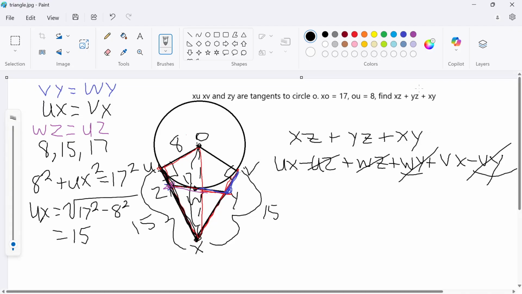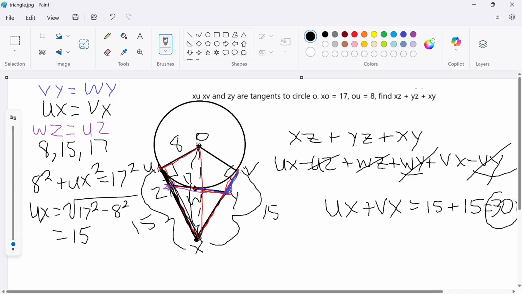So all I'm left with is UX plus VX. They are equal to each other. Both of them are equal to 15, calculated using Pythagorean theorem or Pythagorean triples. 15 plus 15 equals 30. So the answer is 30.